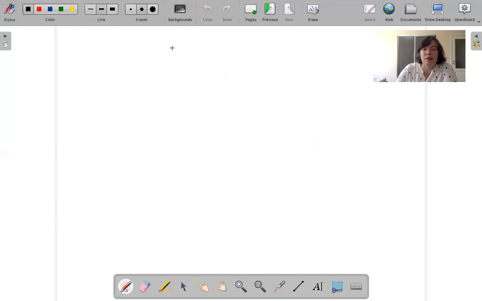Okay, so square roots. A square root is x times x equals your square root. This is the square root sign.